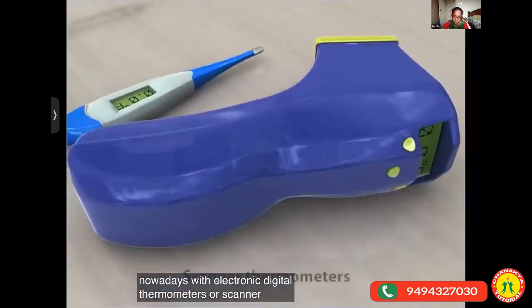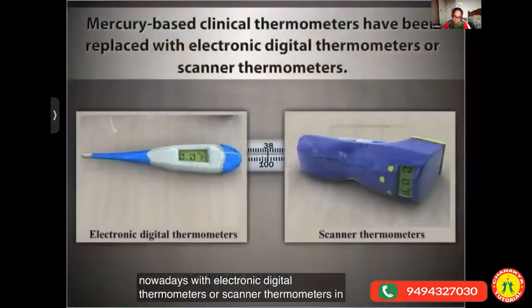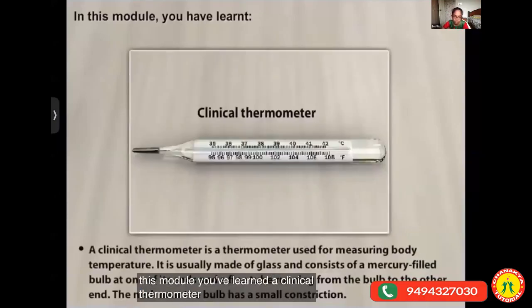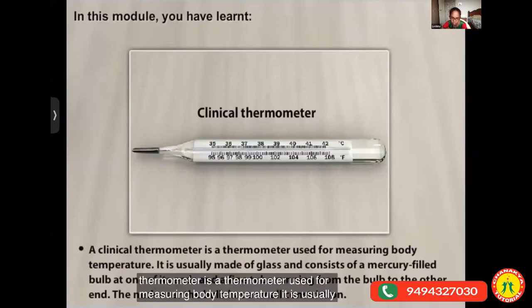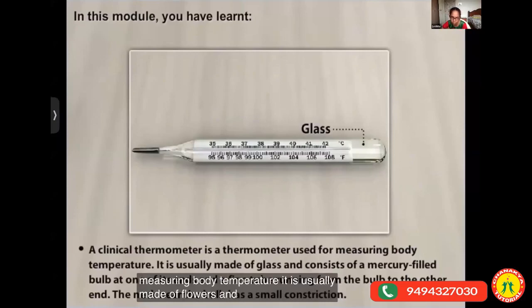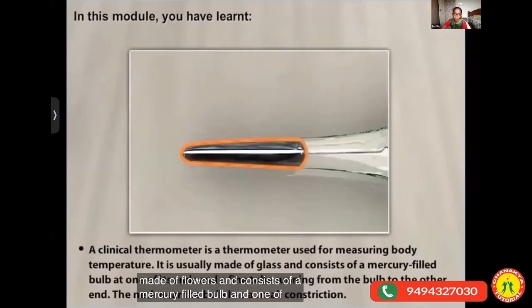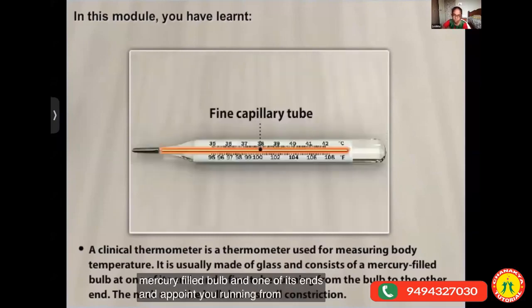or scanner thermometers. In this module you've learnt a clinical thermometer is a thermometer used for measuring body temperature. It is usually made of glass and consists of a mercury-filled bulb at one of its ends and a fine tube running from the bulb to the other end.